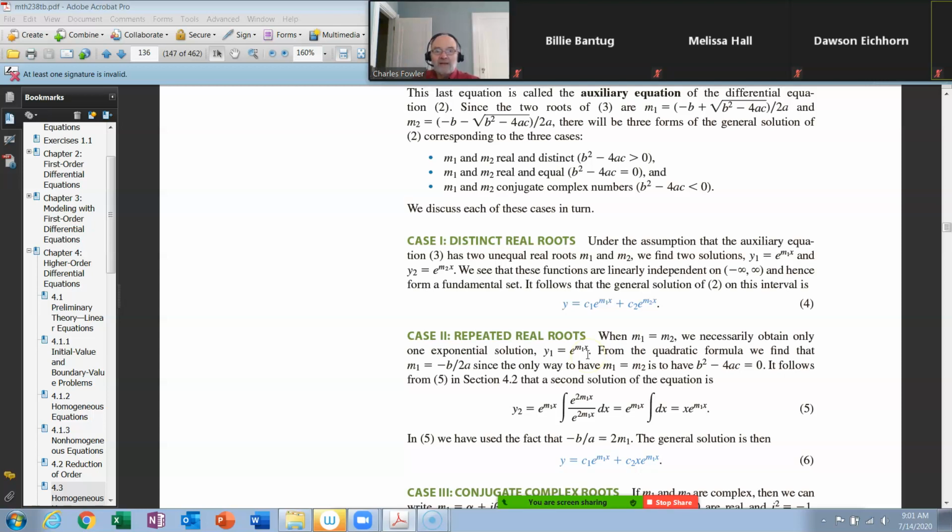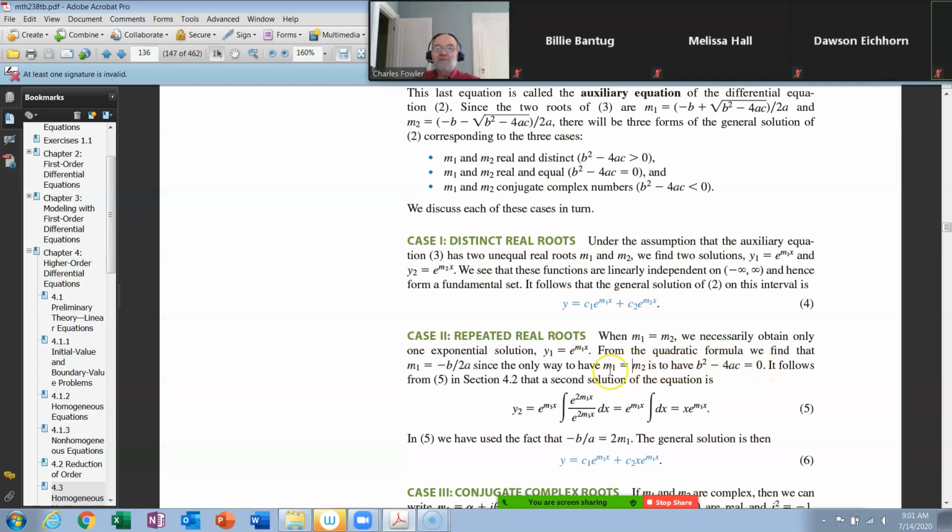They're the same number, okay? But you can't just then do a second one because those are not linearly independent. They're the same. So from that quadratic formula, the M1 is minus b over 2a, but we have M1 equal M2 because that discriminant was 0.